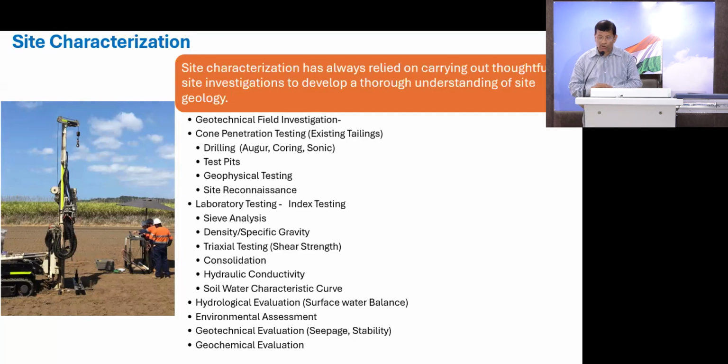Then hydrological evaluation is also part of site characterization. We go there, collect the climate data and whatever data is available, and for the geotechnical evaluation we do seepage and stability analysis, and also geochemical evaluation. Then the environmental assessment.